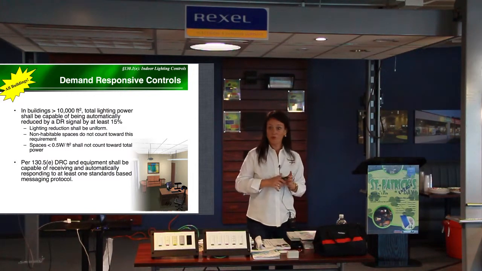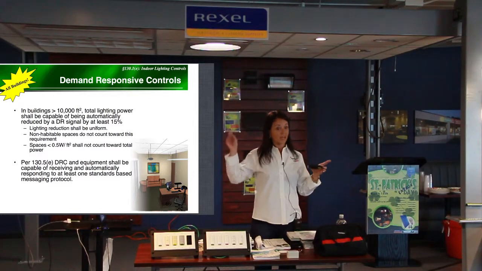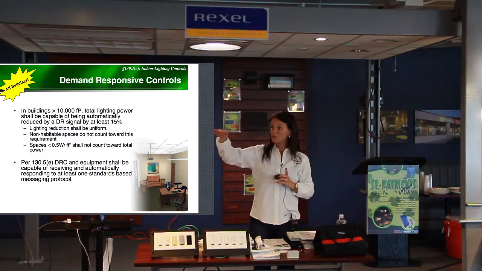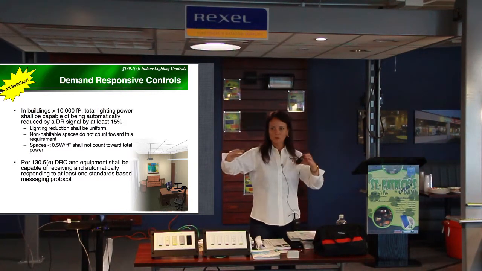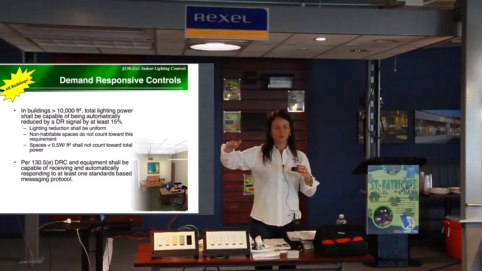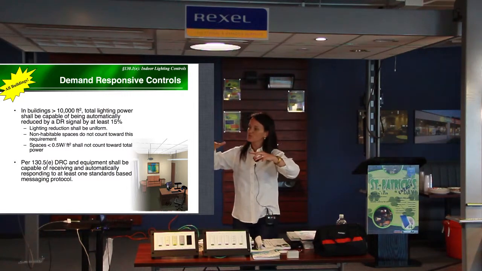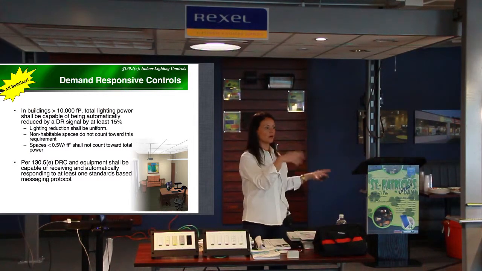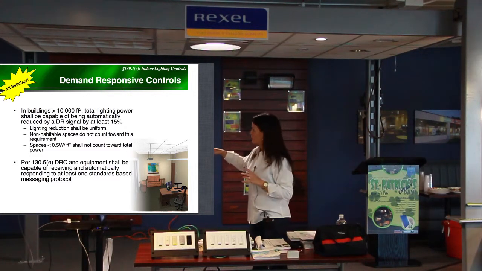So if I'm doing a full floor TI that is 10,000 square feet, I have to follow that. Which means 15% of those lighting loads need to be able to drop to a certain level. So if I have 100%, even if I'm using 65% based on daylighting contribution and occupancy sensors, and I'm cutting the closets and taking away some of the utility spaces, they put some exemptions here.